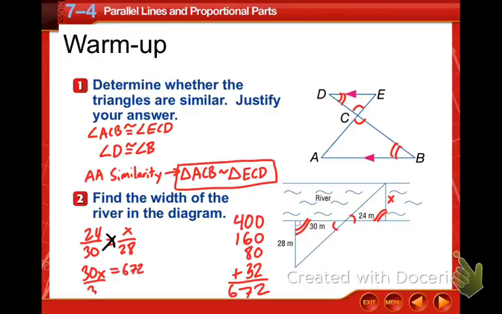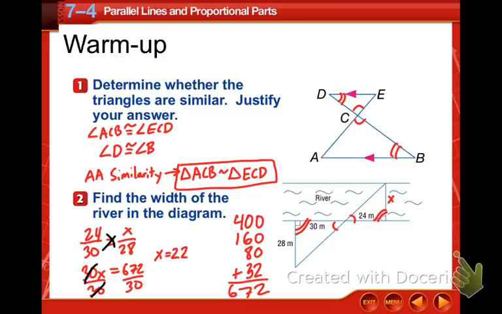Now we need to divide by 30. And 30 goes into 67 two times. 67 minus 60 is 7. So then we bring down the 2. So we have 72. 30 goes into 72 two times.